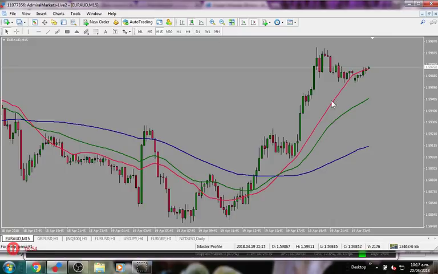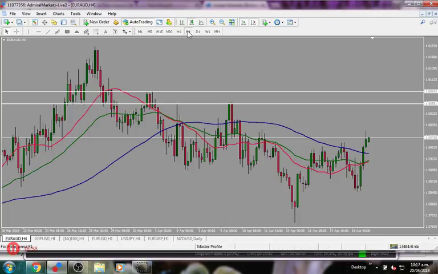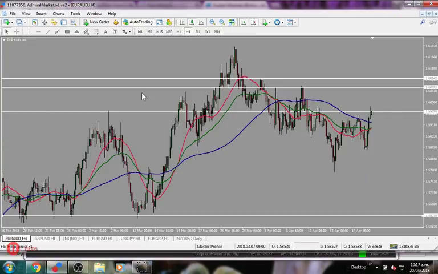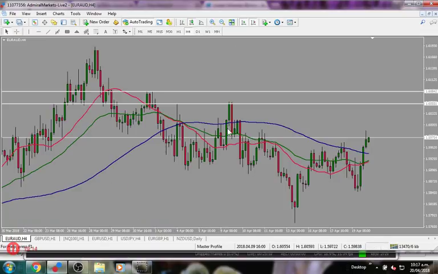Moving averages are aligned to the upside, price is above it, but obviously the picture looks quite different on the 4-hour chart, because this bigger uptrend that we've been in, if you remember from the daily chart, has gone into this slow, choppy sideways correction that's sloping downwards.